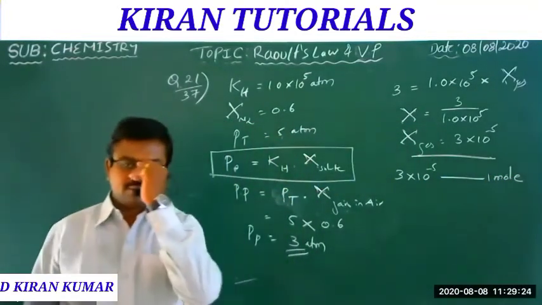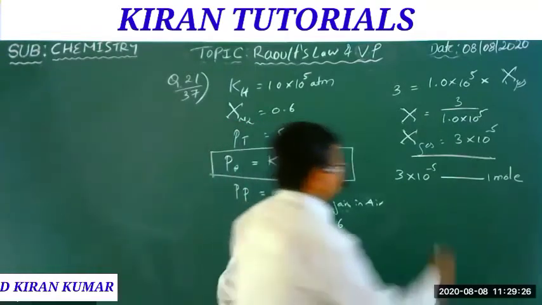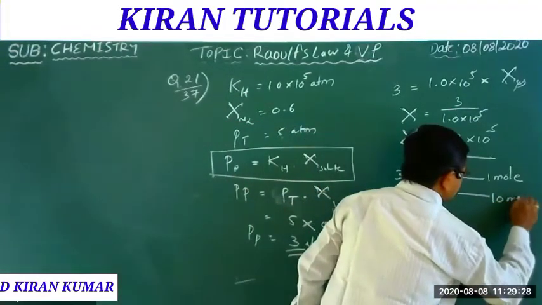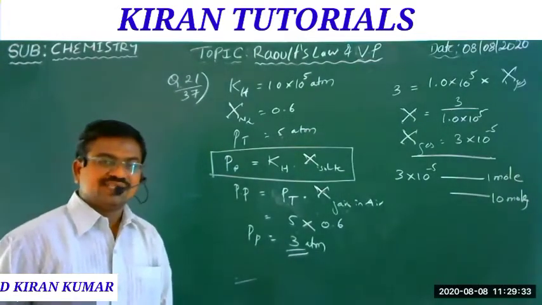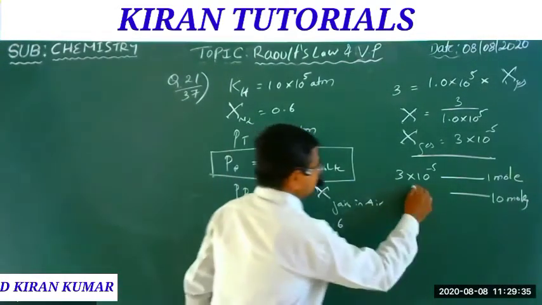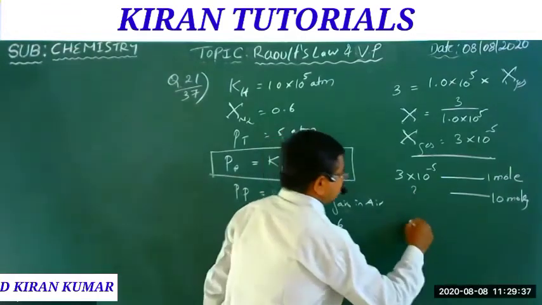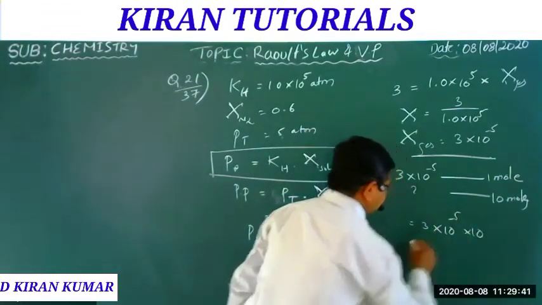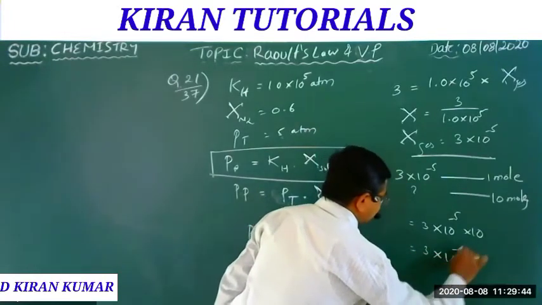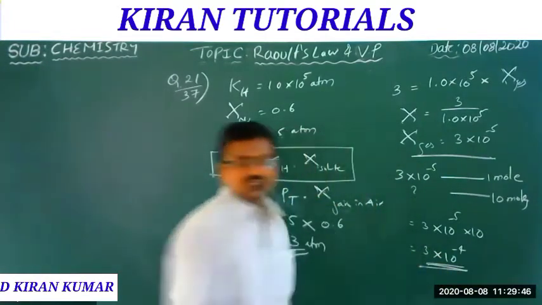1 mole. Then for 10 moles, what is the mole fraction of gas? Means that equal to 3 into 10 power minus 5 into 10. Nothing but 3 into 10 power minus 4 is the answer.